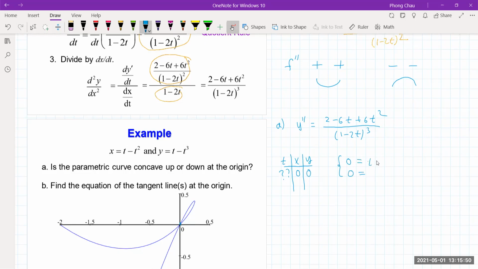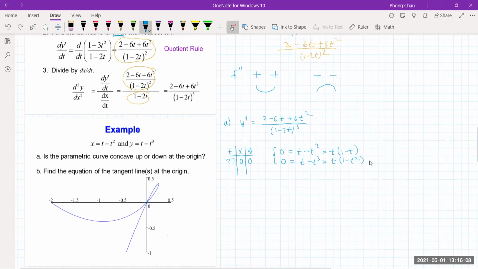That would involve solving the system of equations when x is 0 and y is 0. So you have t minus t squared equals 0 and t minus t cubed equals 0. Factor out the t and I get t times 1 minus t. In the second, taking out the t, I get 1 minus t squared, and I can factor further: 1 minus t times 1 plus t, a difference of squares. From the first equation, I get t equals 0 and 1.